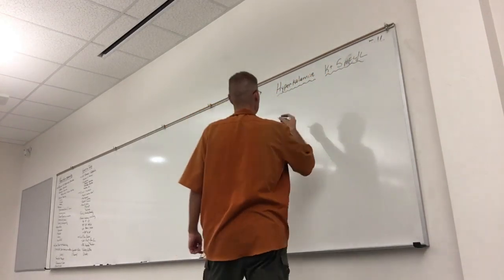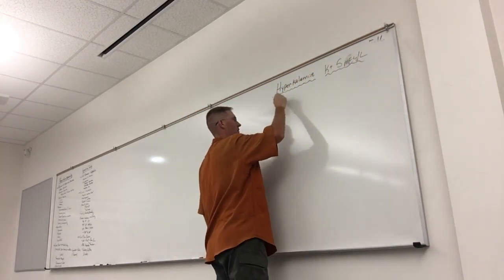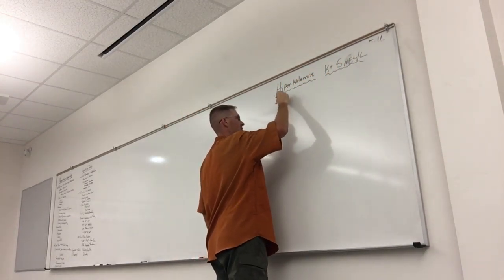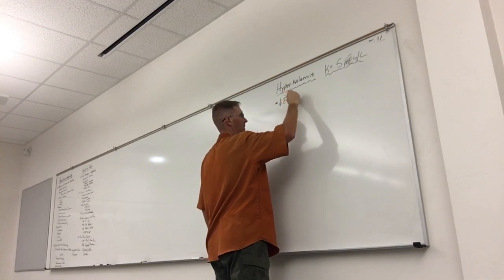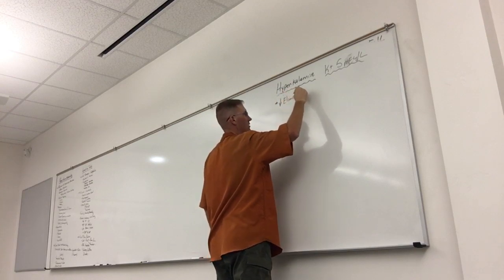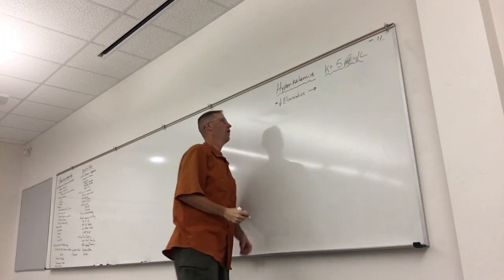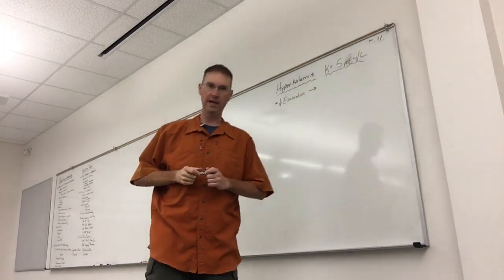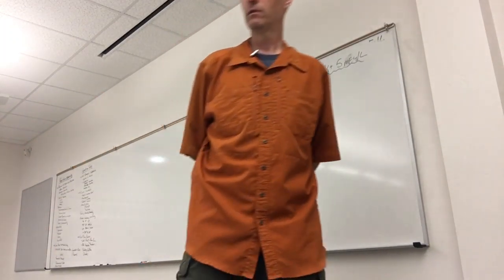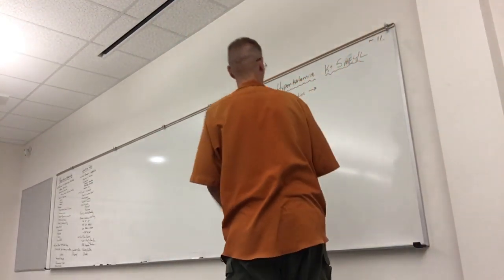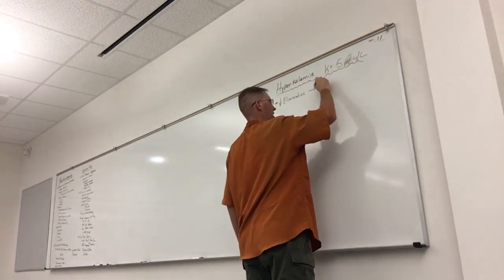If I cannot eliminate it from the body, it's going to build up. So decreased elimination. And what is the primary cause of decreased elimination of potassium? Renal failure, absolutely, right? The kidneys shut down, they can't eliminate anymore.